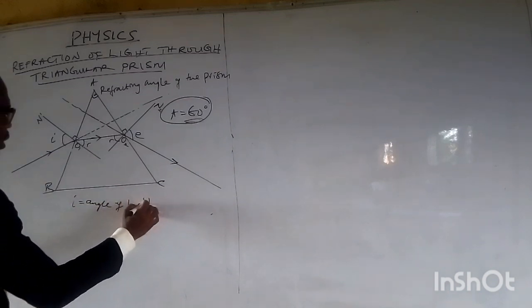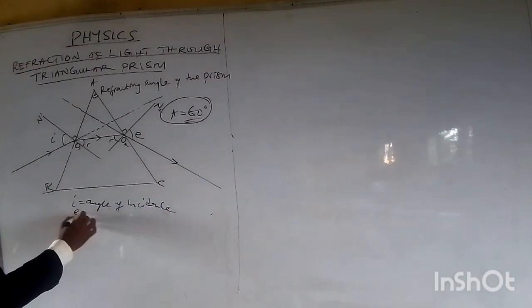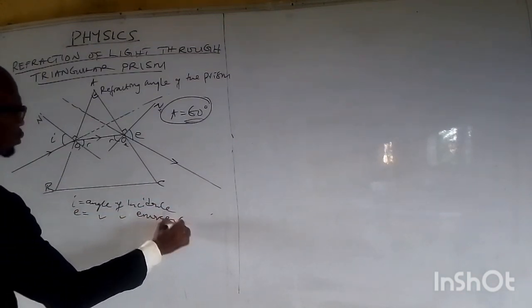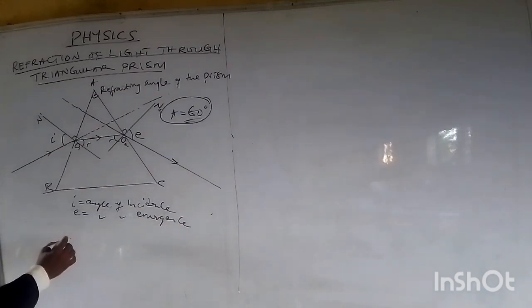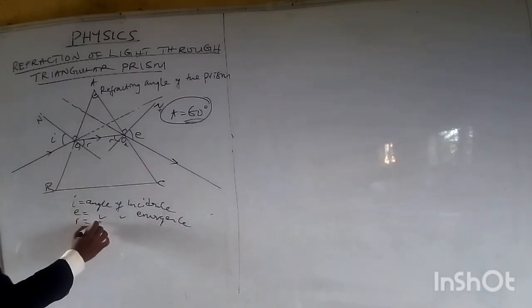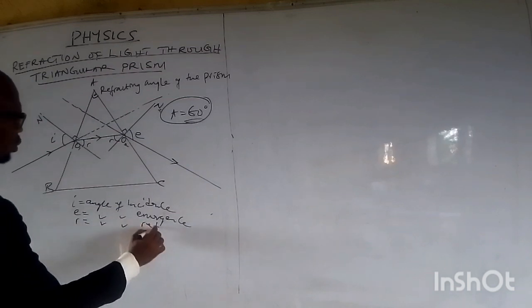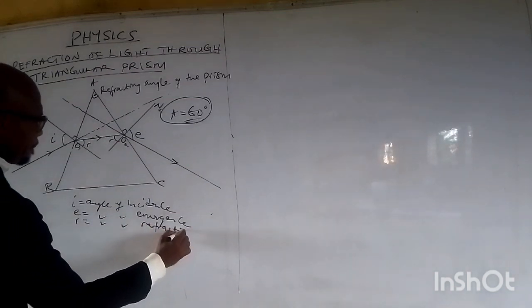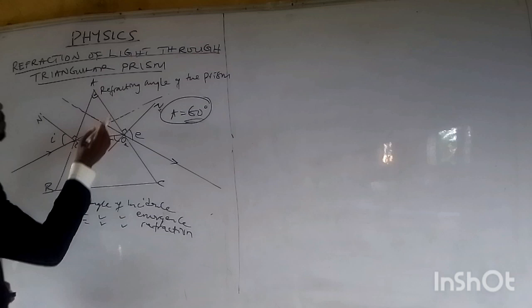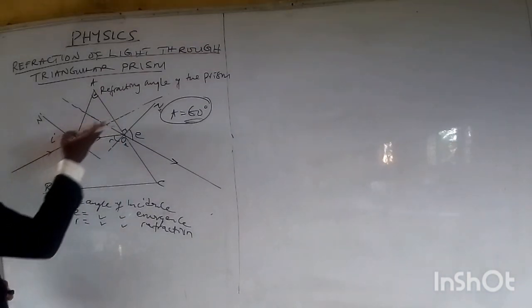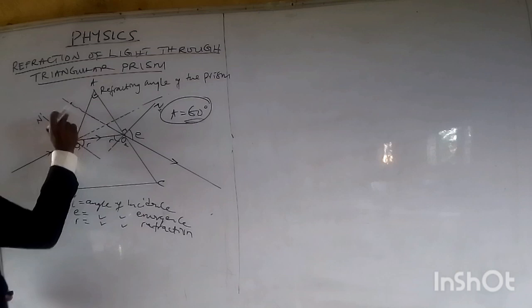Now I want us to note that I is the angle of incidence, E is the angle of emergence, R is the angle of refraction. Now, remember, an angle is formed here. This is the incident ray, this is the emergent ray.